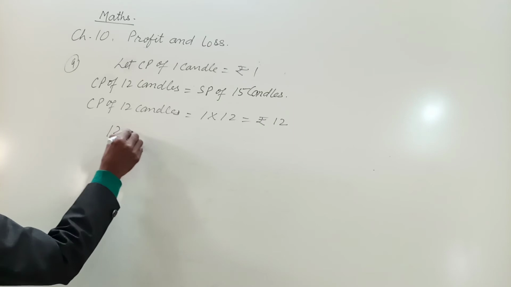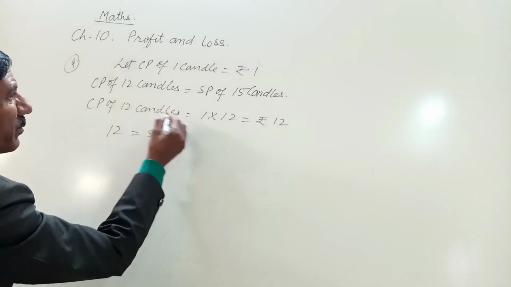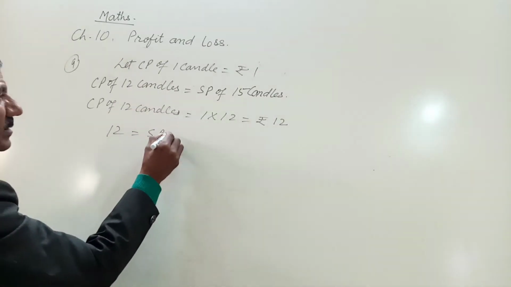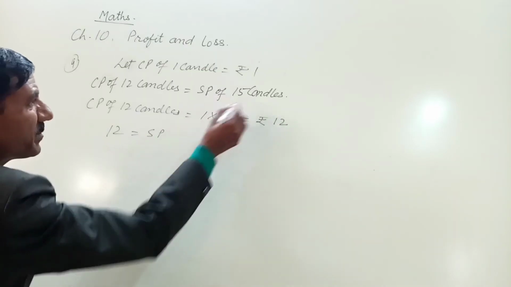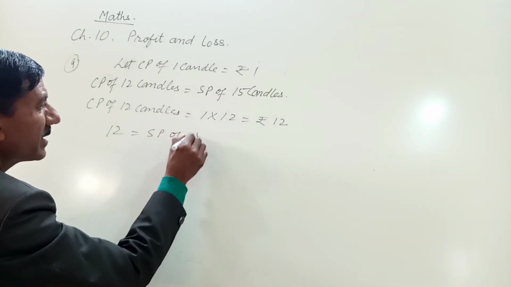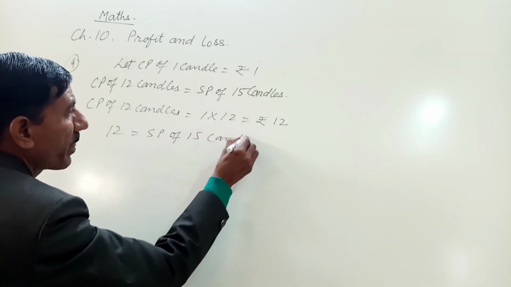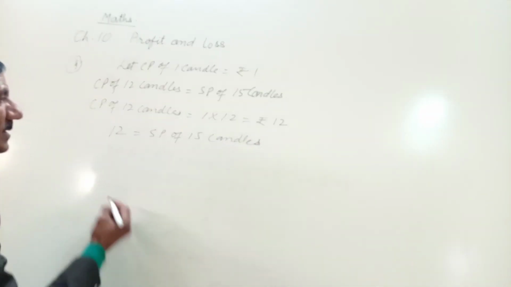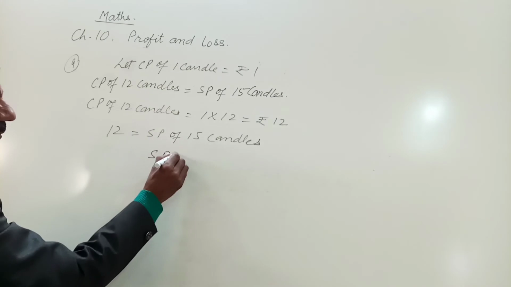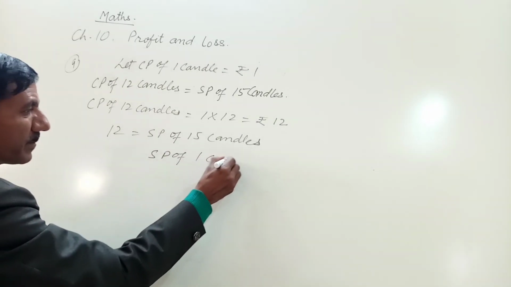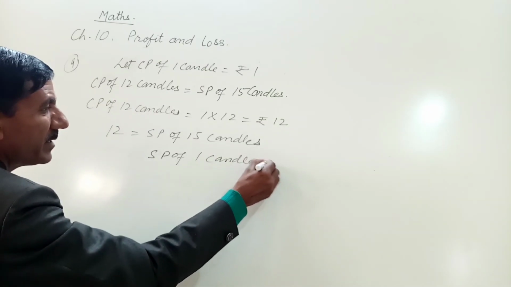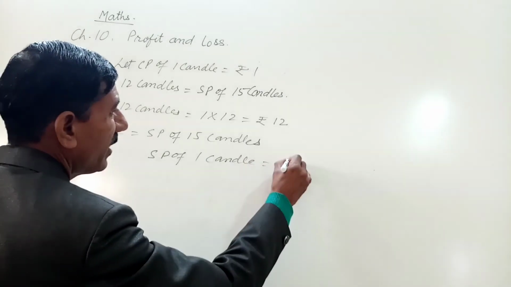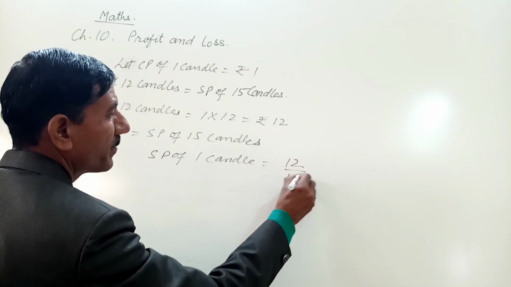So 12 is equal to SP of 15 candles, and SP of 1 candle is equal to 12 upon 15.